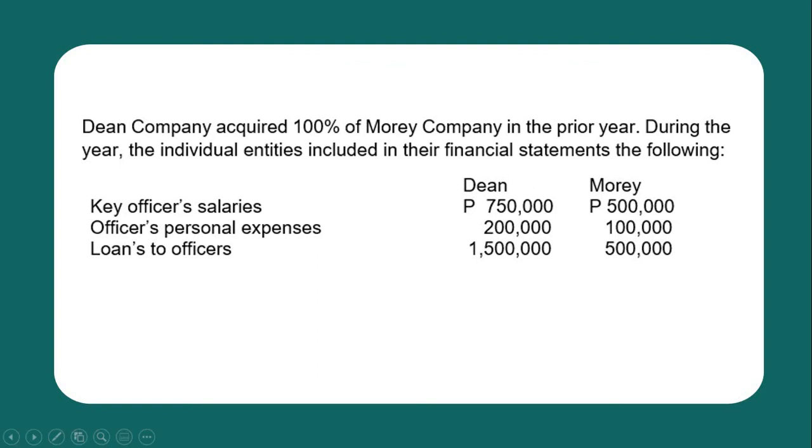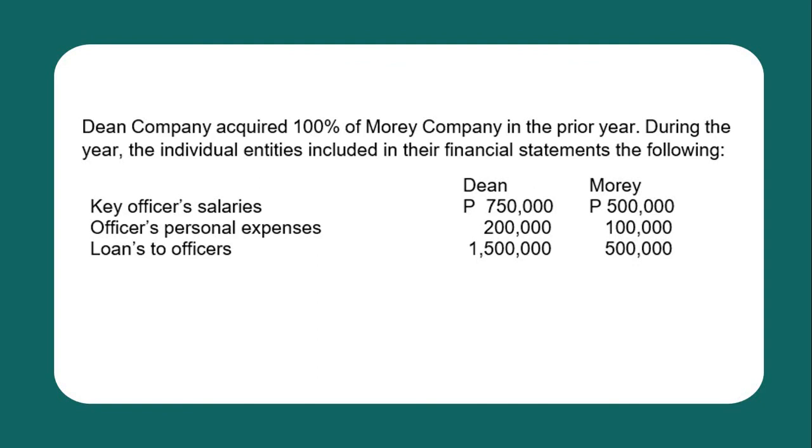So again, when it comes to related parties, we need to be reminded of how we consider a party as a related party. Of course, when there is control over the entity, or the entity has control over the other party, or there is significant influence or joint control.